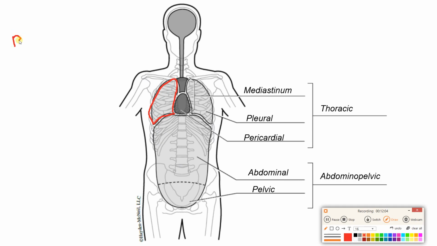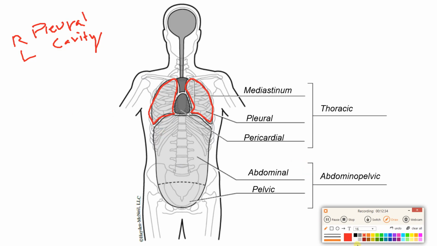That is my right pleural cavity. And there is also going to be a left pleural cavity on the other side. Here's the left pleural cavity that I'm also coloring in red. So those are my right and my left pleural cavities.